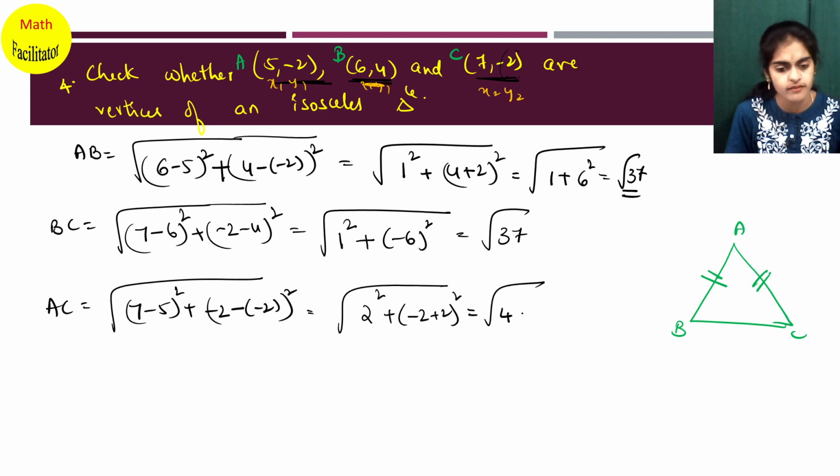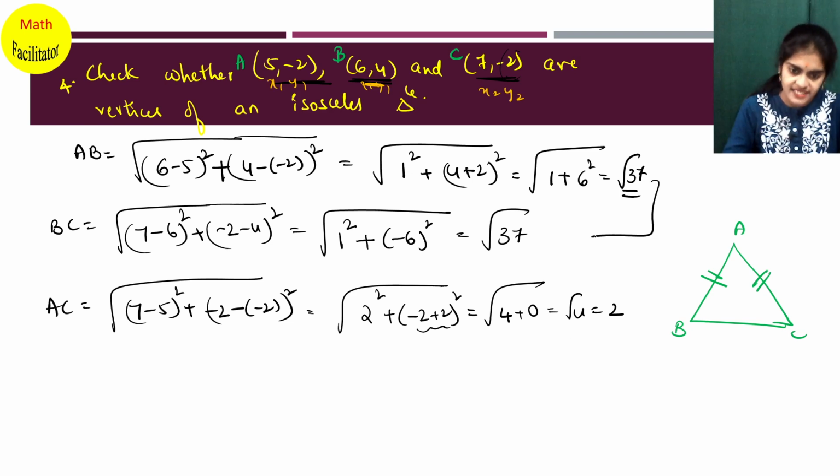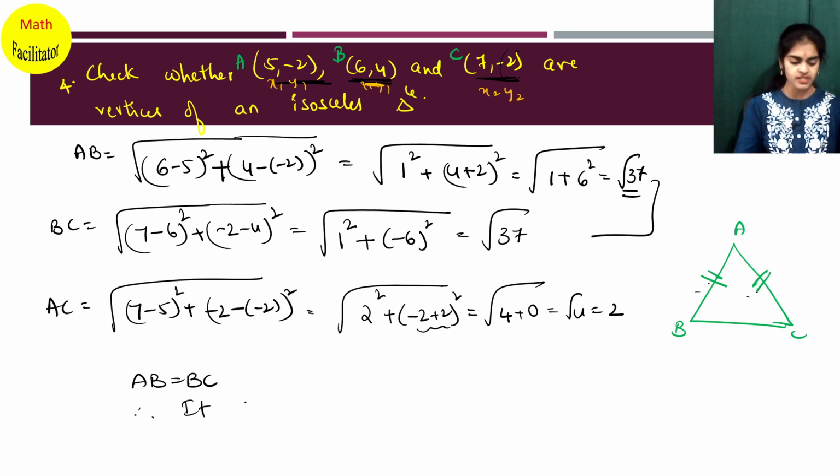Root over 2 square is 4 and minus 2 plus 2 is 0. So 0 square gives me 0. So this is root 4, or I can write as 2. So clearly two sides are equal. AB is equal to BC. So hence, as I told you, if two sides are equal, what can you say about the vertices? So therefore you can say these vertices form an isosceles triangle.